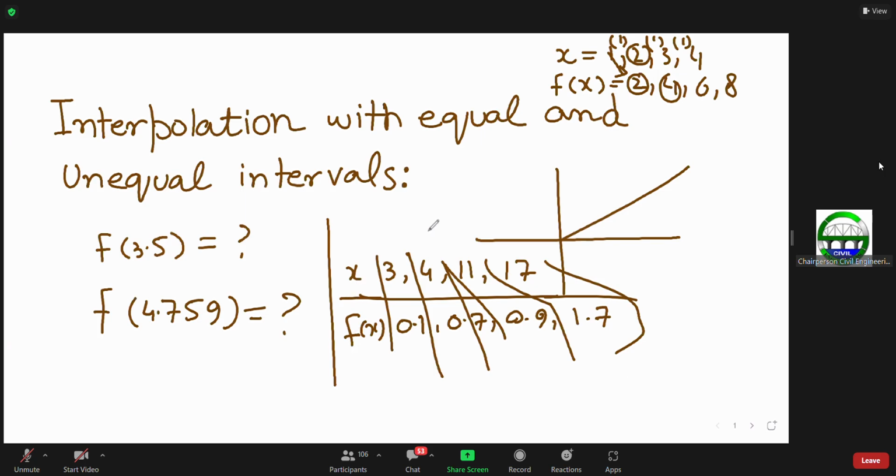Now it will be even more complex for you to solve this.